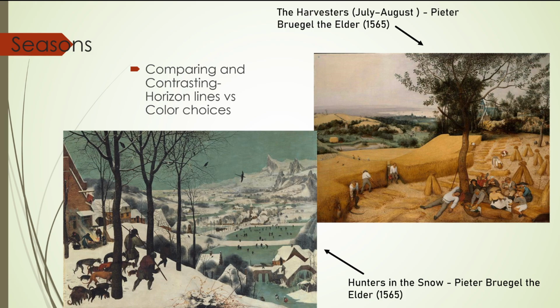So I find it interesting that for both of these pieces, Pieter actually uses the horizon line in the background to say so much in the artwork. You notice the sun in the horizon line in the top left of the Harvesters between July and August.